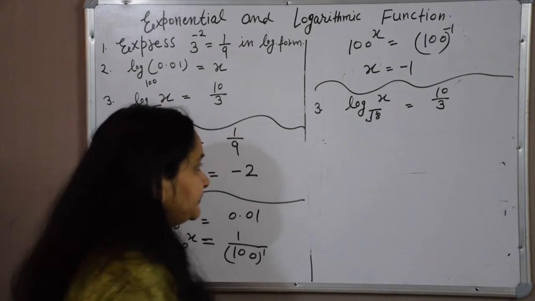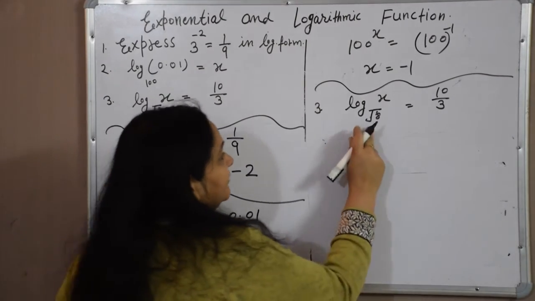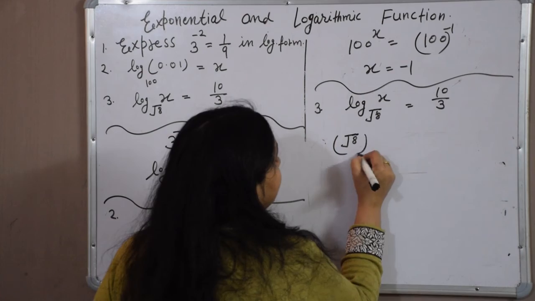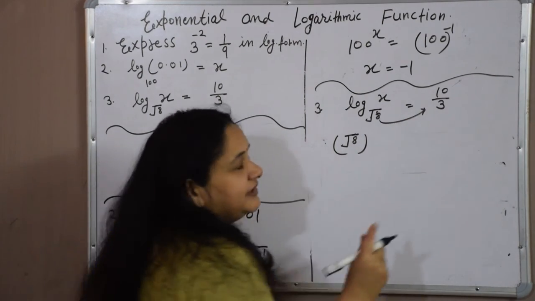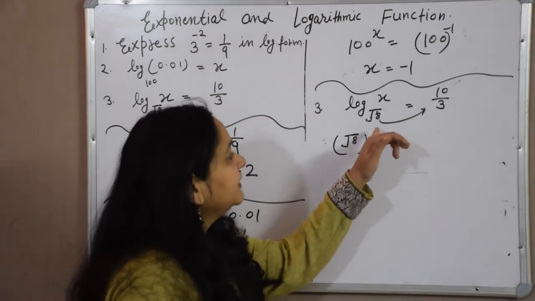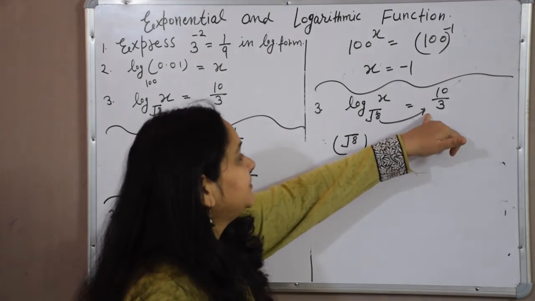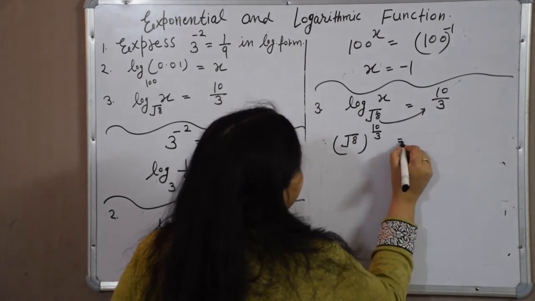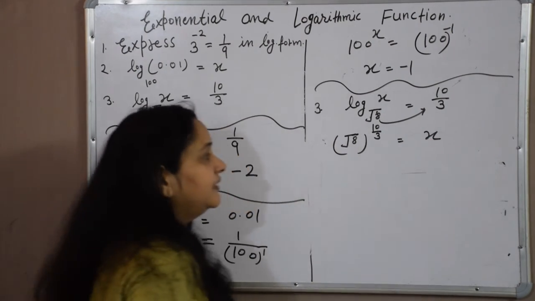3. Now see, we have to write this in the exponential form, we just shift the base to that side. If you are a little bit confused, we just have to shift the base to the other side. We get root 8 raised to power 10 by 3 is equal to x.